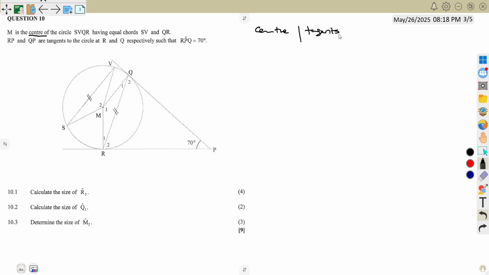We can be having theorems on the tangents that will help us solve the equation. Then we have 4 points on the circumference, so we can expect to also talk about the quads.